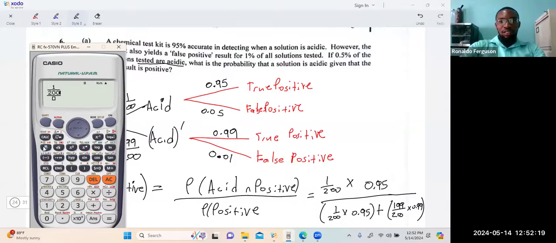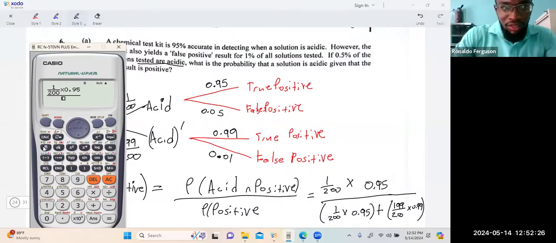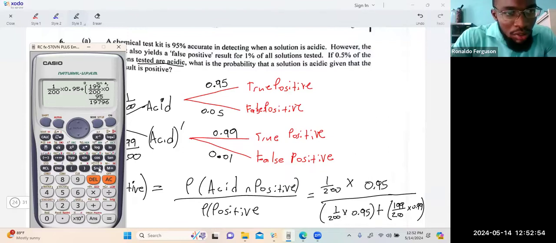1 over 200 times 0.95 over 1 over 200 times 0.95 plus 199 over 200 times 0.99. Oh, that's crazy.